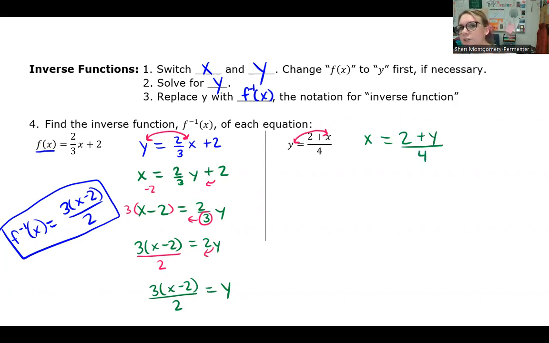What do I have to do first to try and get y by itself? I have to get rid of the divide by 4. So inverse of divide by 4 would be to multiply by 4. I'm almost done. How do I get y by itself?